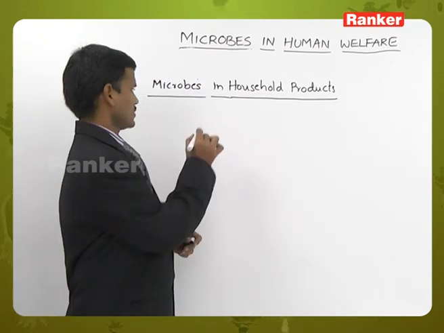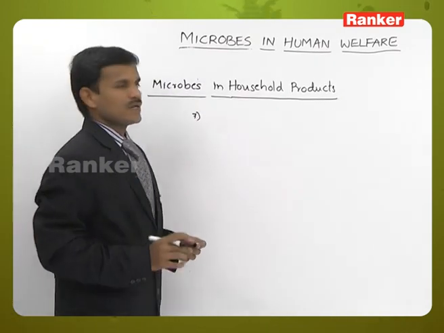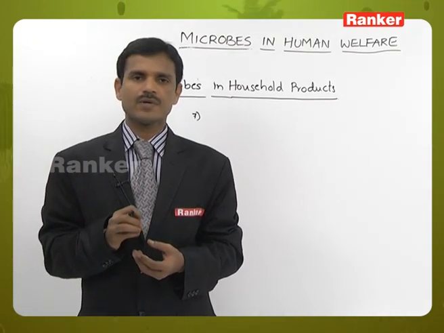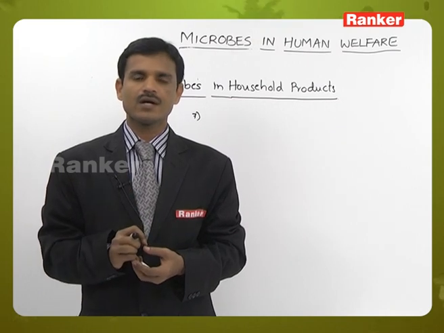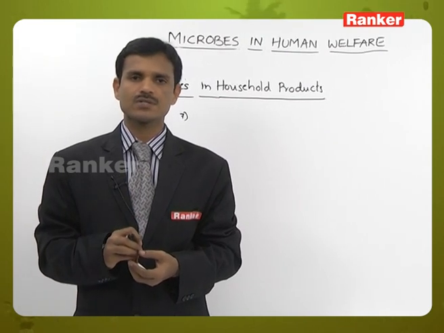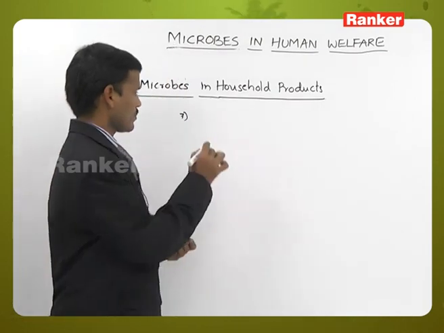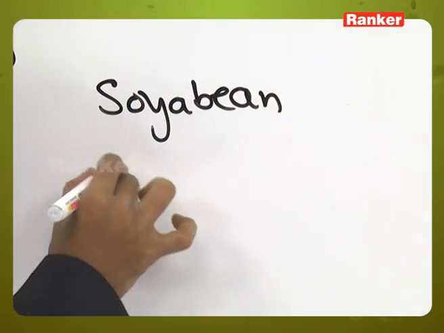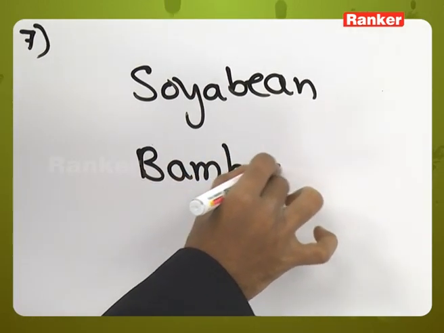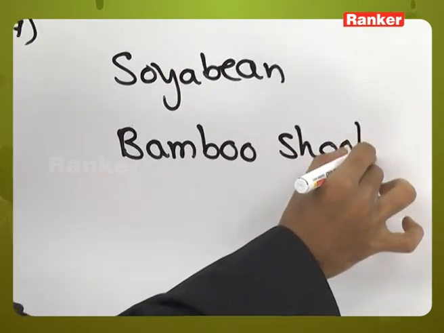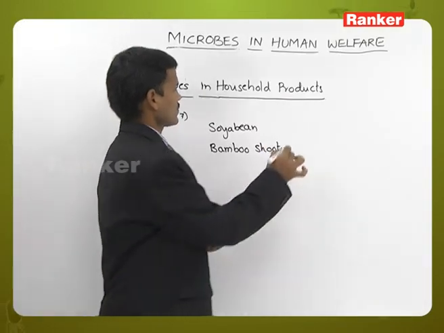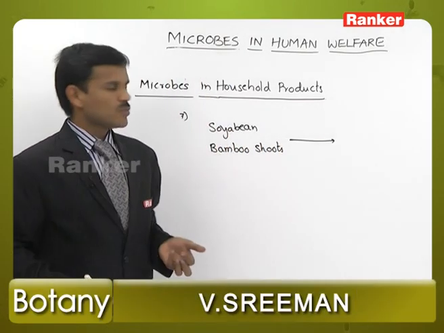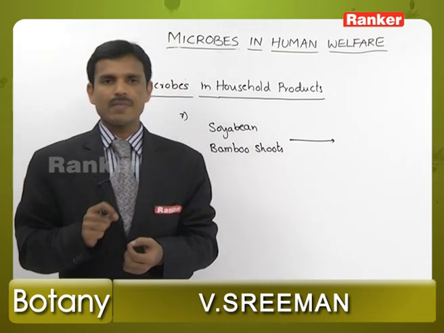Okay, next, some products are produced from soya bean and bamboo shoots. These are also fermented. Soya bean and bamboo shoots are fermented by some bacteria.